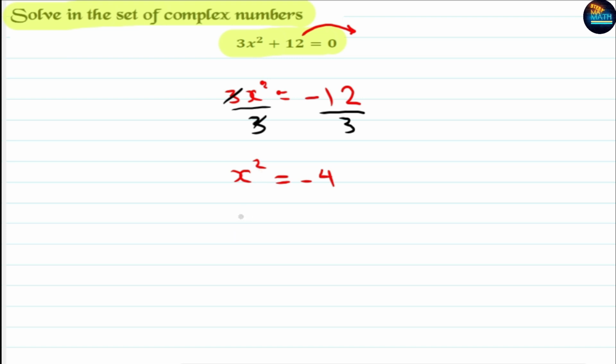So x is equal to positive or negative the square root of negative 4. You have a negative underneath the square root, so the answer will be positive or negative. The square root of 4 is 2, and because you have a negative underneath the square root, that means i. So the answer is positive or negative 2i.